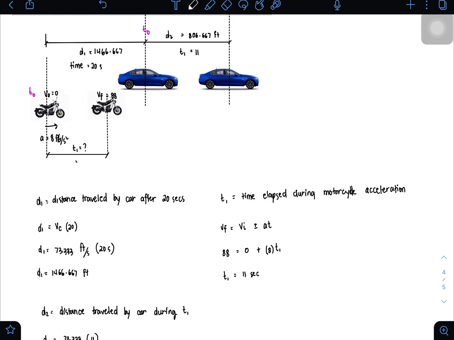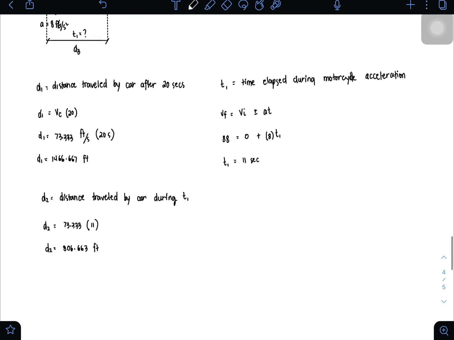Okay. Also, the motorcycle travels. So I'll call this distance 3. Distance 3 is the distance traveled by the motorcycle during T1.